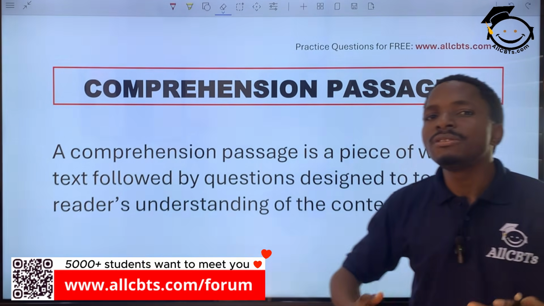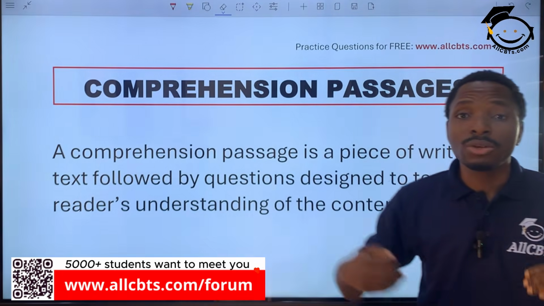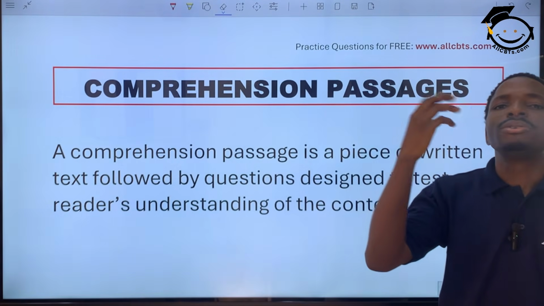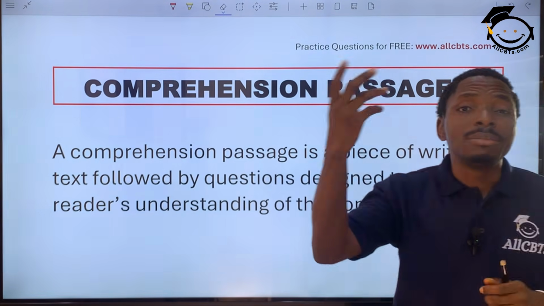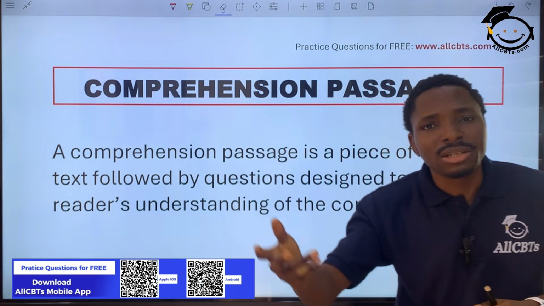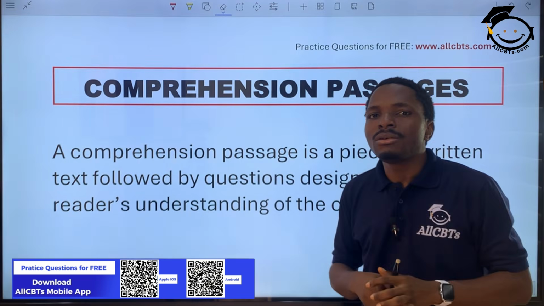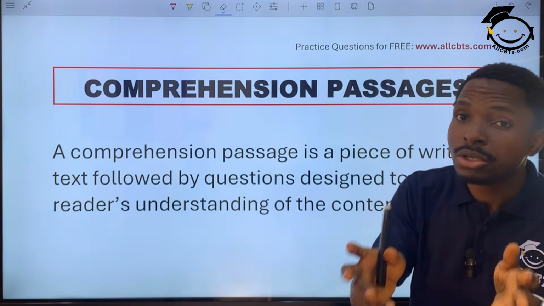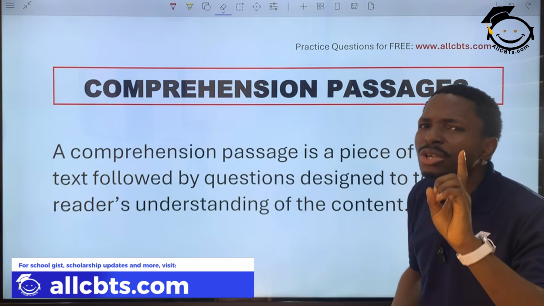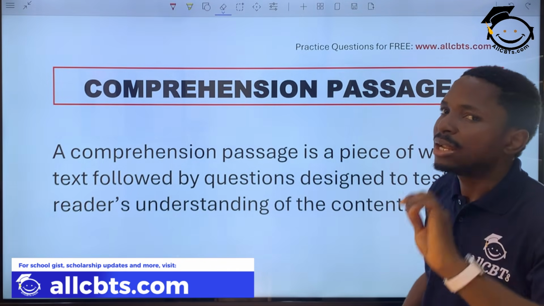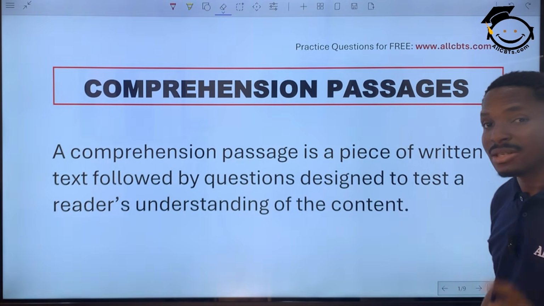And the intention of giving you both the cuts and the questions is to test your understanding, your logical abilities, your structural understanding, your use of vocabulary, of grammar, based on what was given to you. There are some rules in comprehension passages, and I will expose them to you shortly. Stay with me to the end.